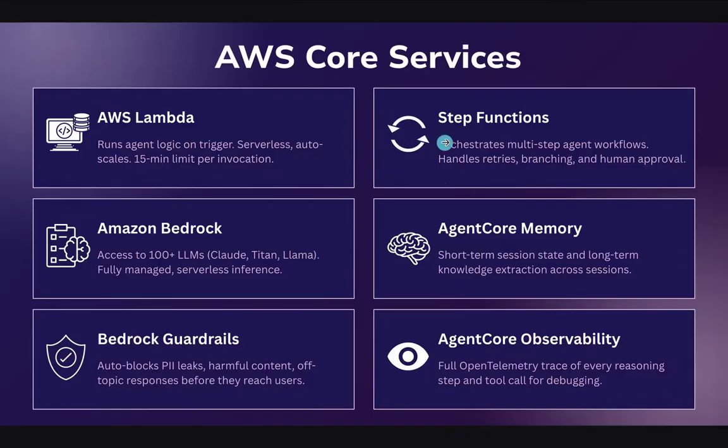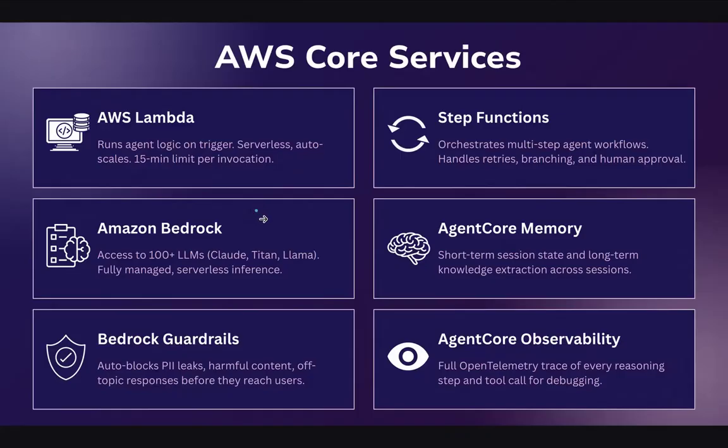Step Functions is the orchestrator. When an agentic workflow has multiple stages, like pre-processing, then running the agent, then post-processing, Step Functions coordinates each step, handles failure, retries, and can even pause to wait for a human to approve something.